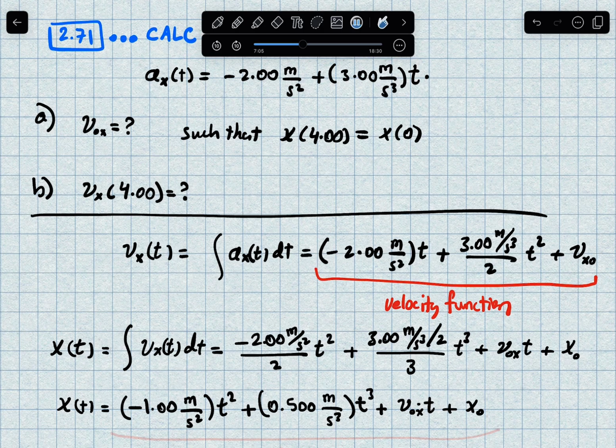Okay, where did I get this half in the second term? It's 3 divided by 3, that's 1. 1 over 2 is half. And I'm keeping 3 significant figures for each measurement.